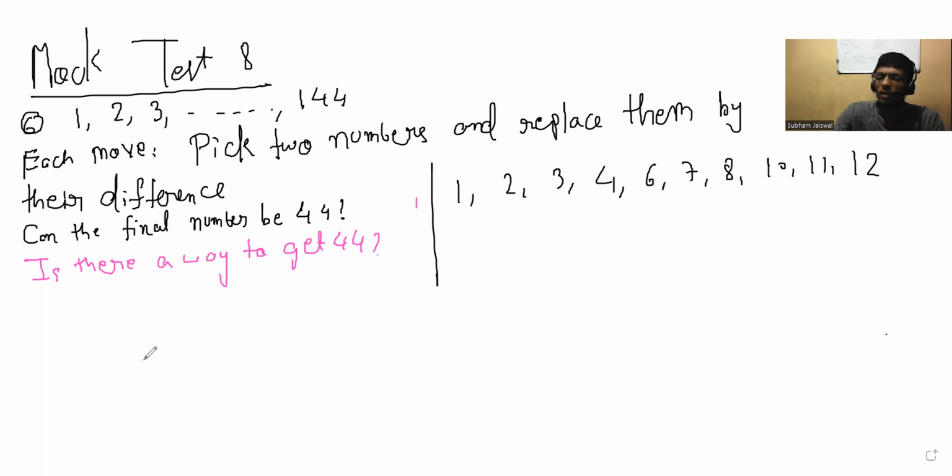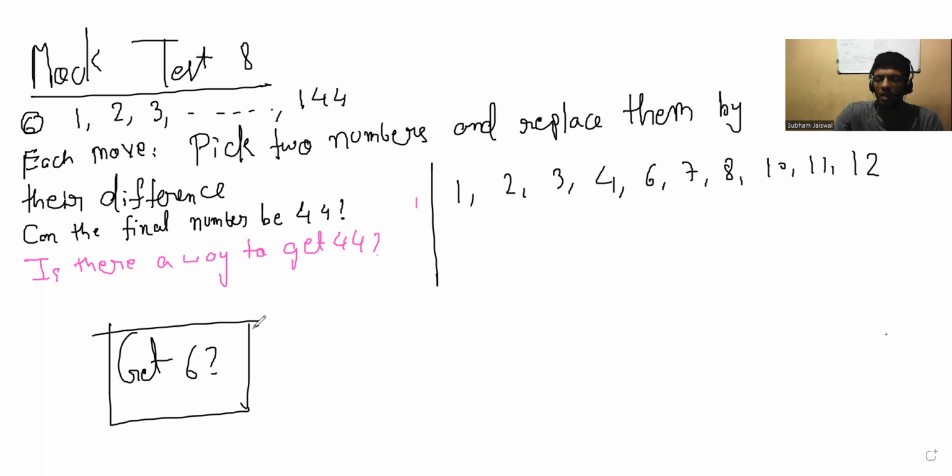So you have 1 to 12. How do you get 6? Without using recursion, let's see. How do you get 6? You should be able to get 6. We all agree.